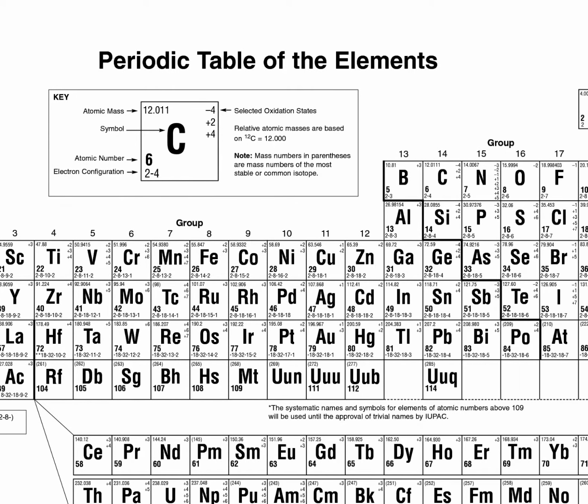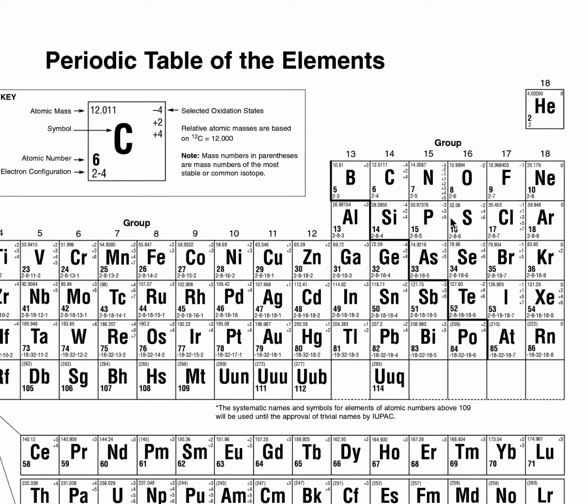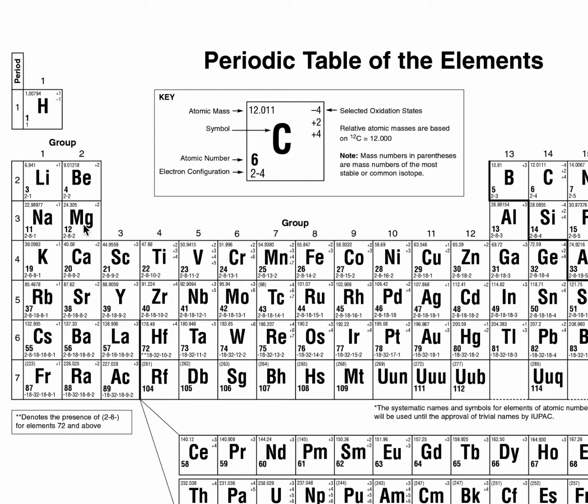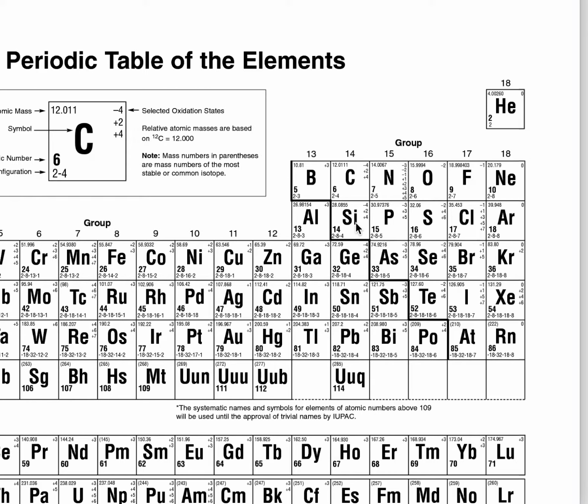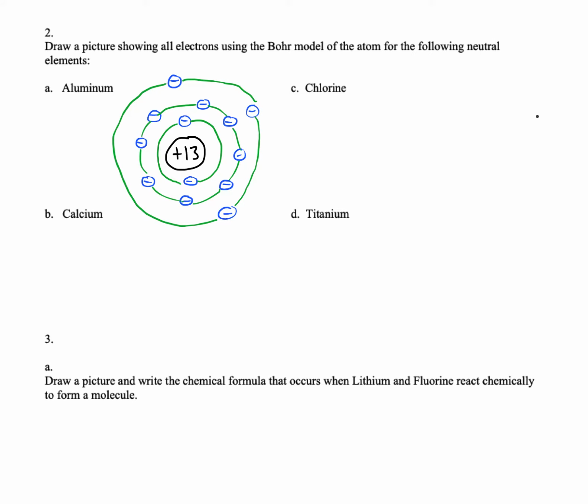So chlorine is similar to aluminum, but it has, let's see, if we count them, 1, 2, 3, 4, 5, 6, 7. You can actually count the electrons in the outer shell if you just count across the row. So chlorine's going to have 7 in its outer shell. It is element number 17, so it has 17 protons in the nucleus.